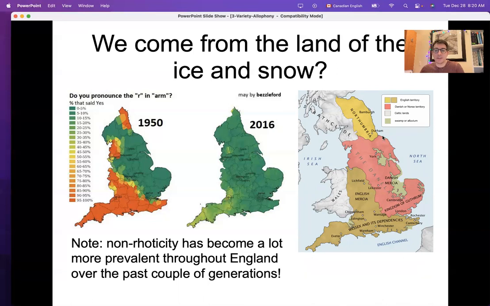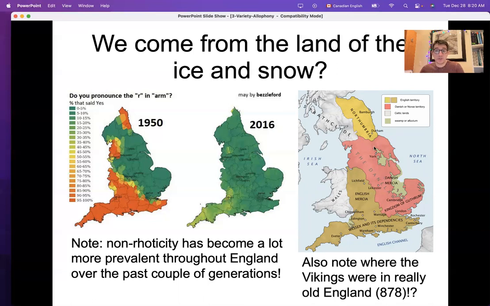If you played Stronghold, I think, the classic strategy game, you probably know about these, but not to bother you with these historical details. It's just a coincidence that the rhoticity occurs in the same place, basically, or non-rhoticity, right?